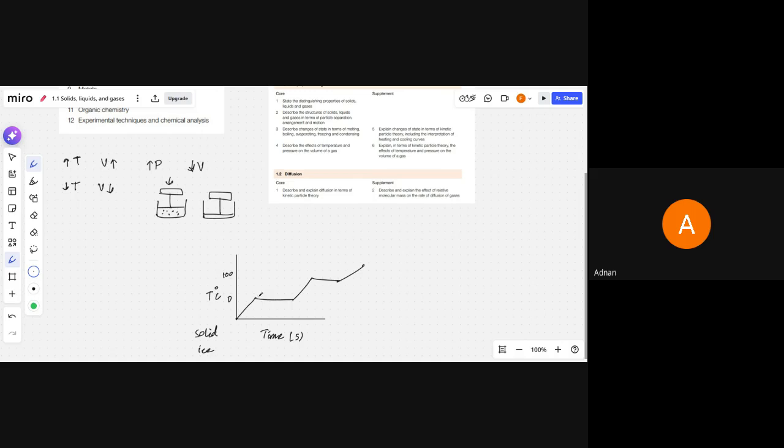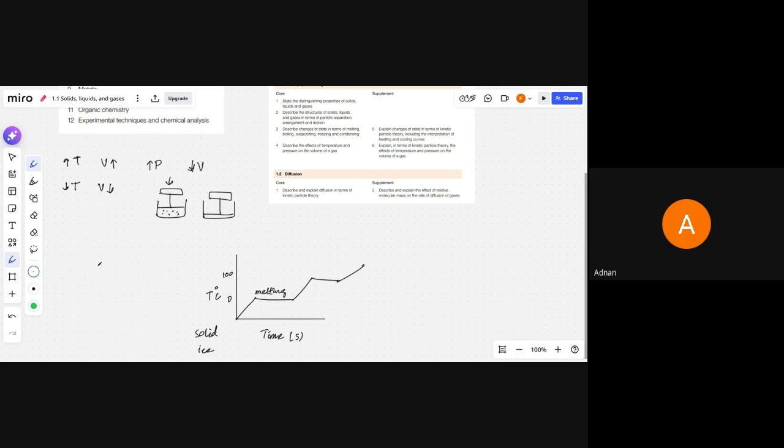Why is that? Because this is where the state changes, right? So water at 0 degrees Celsius melts. So this is melting. Remember that whenever states are changing, during that process the temperature doesn't change, right? It will remain the same.